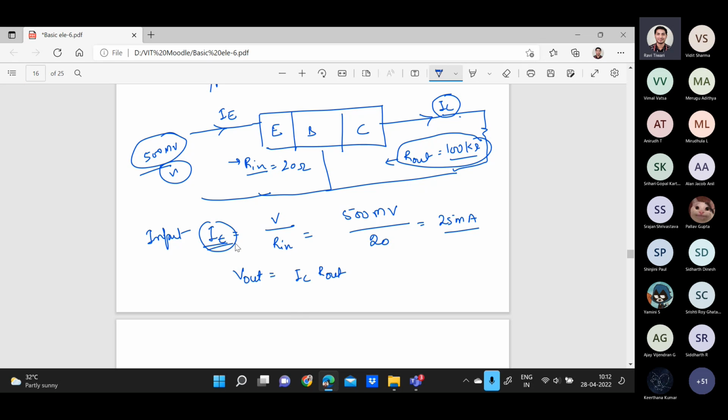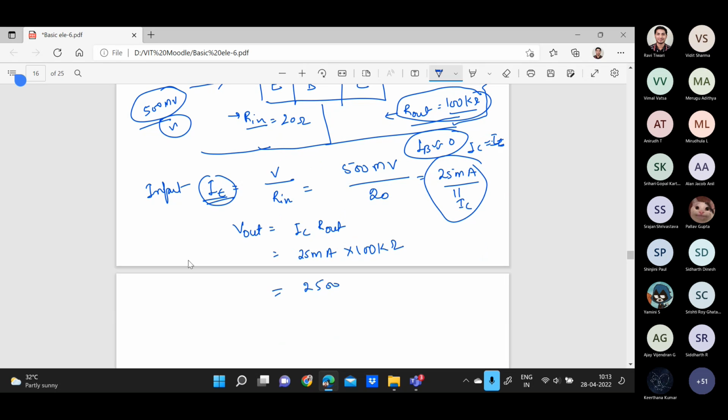We know only IE. We can assume IE is equal to IC because IB is very small. So IC is 25 milliamps and the resistance is 100 kilo ohms; if you multiply it, you will get around 2500 volts.